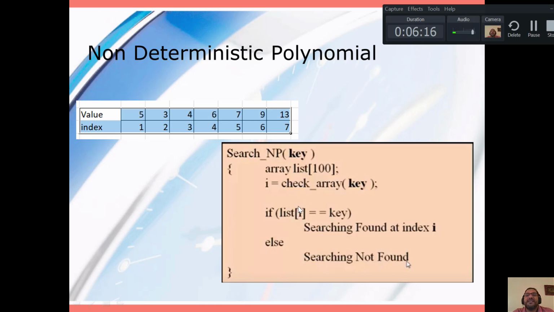But the part that I don't know, which is check array, makes this whole algorithm non-deterministic. I don't currently know a function that can get me the index of the value I'm searching for from the first iteration itself. I don't need to traverse the whole array.